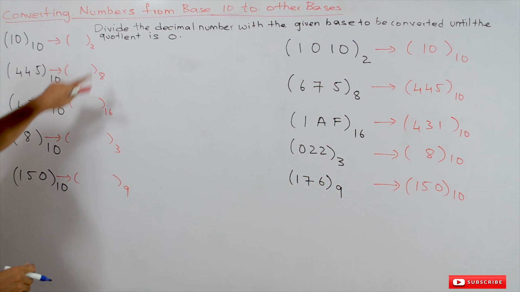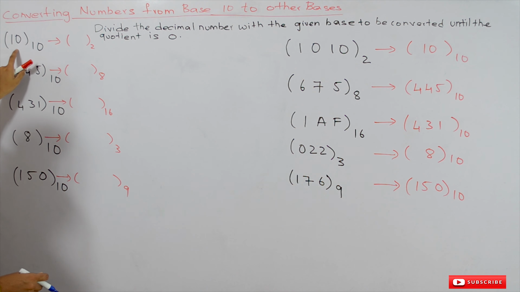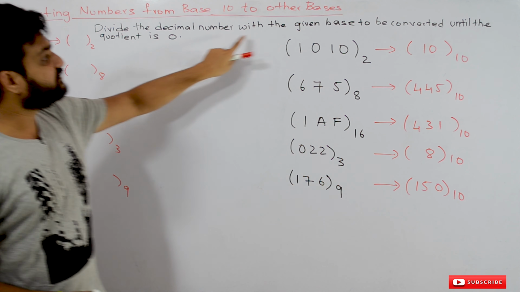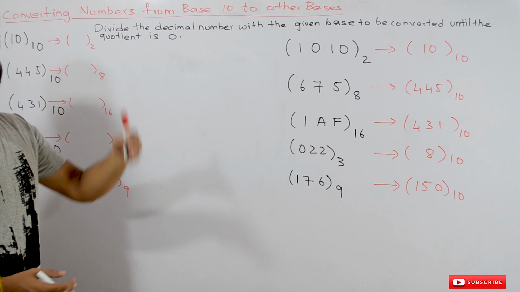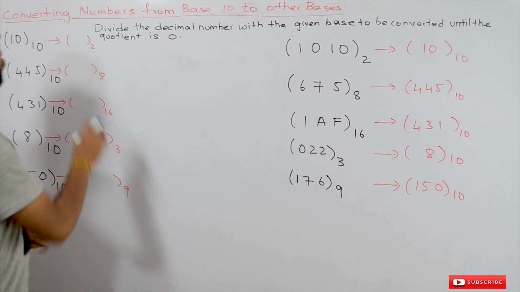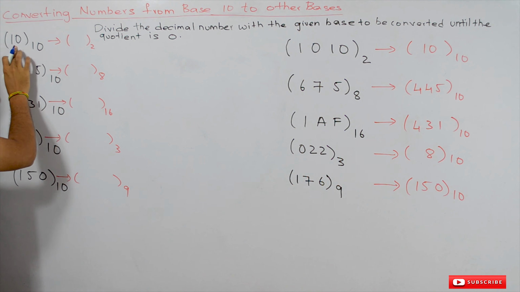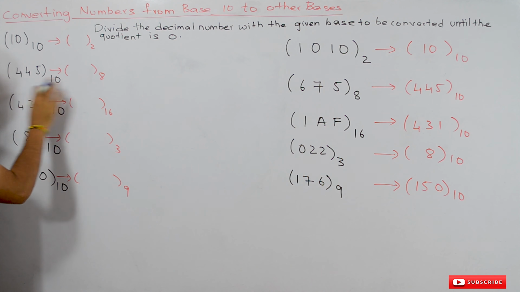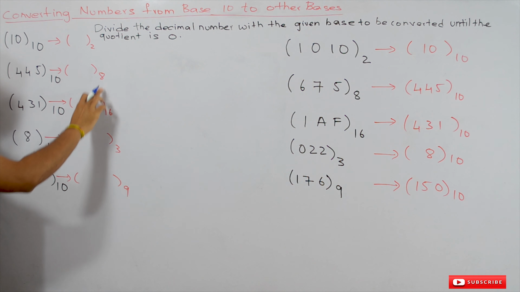How that can be done is, divide the given decimal number by the base to be converted to. What is the base to be converted to? Here the base is 2, so divide this decimal number by 2. In this conversion, divide this decimal number by 8.